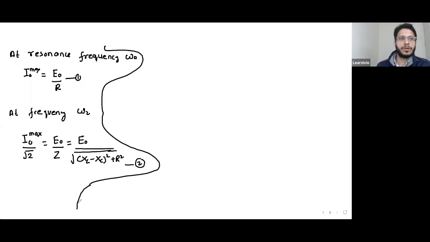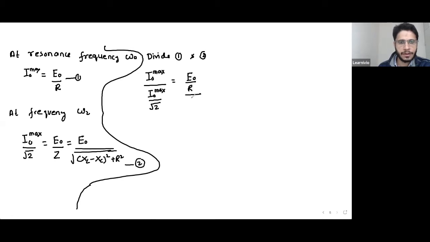Okay, so the next thing you can do is divide equation number 1 and 2. When you divide 1 and 2, you will get I naught max divided by I naught max by root 2, which is E naught by R divided by E naught by root over (XL minus XC) square plus R square.